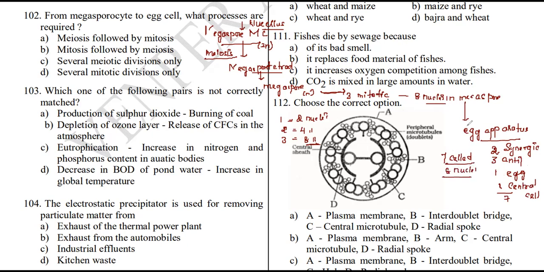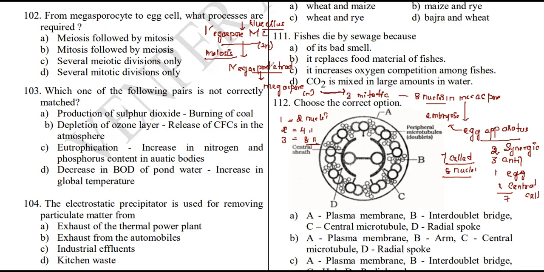Now what happened to the egg apparatus? Now this egg apparatus gets changed into an embryo sac. Okay, let me repeat it. You have to remember, the nucellus is the one which gives rise to the megaspore mother cell, which is diploid, and the diploid undergoes meiosis to form megaspore tetrads.